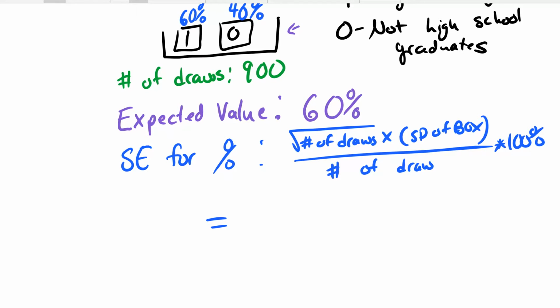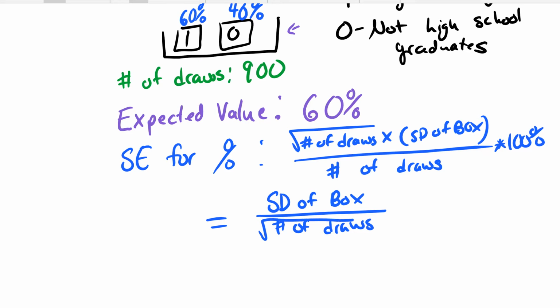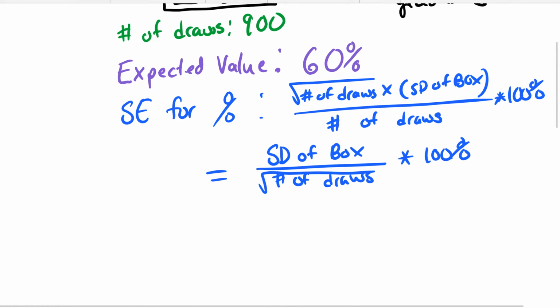There is an alternative formula. It will give you the exact same answer, and it is the SD of the box divided by the square root of number of draws times 100%. We will use the second formula because it requires less plugging into the calculator.